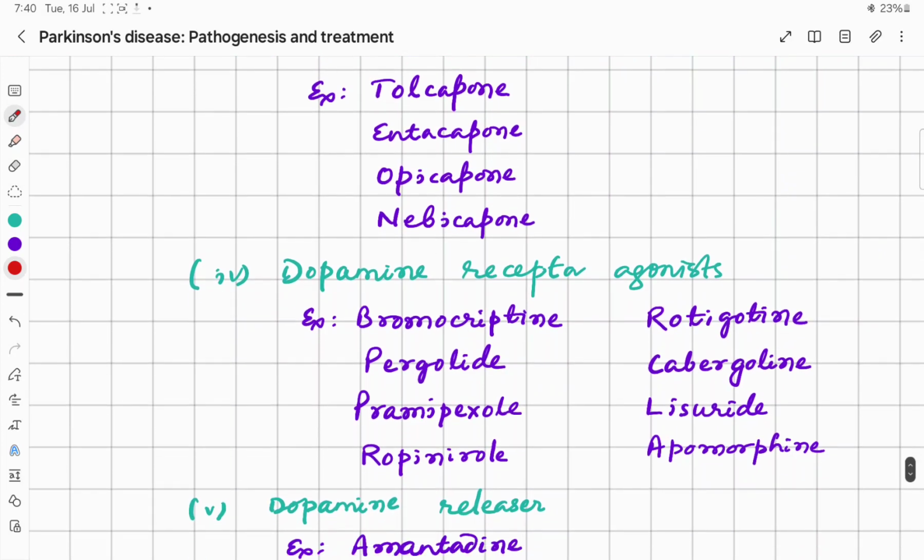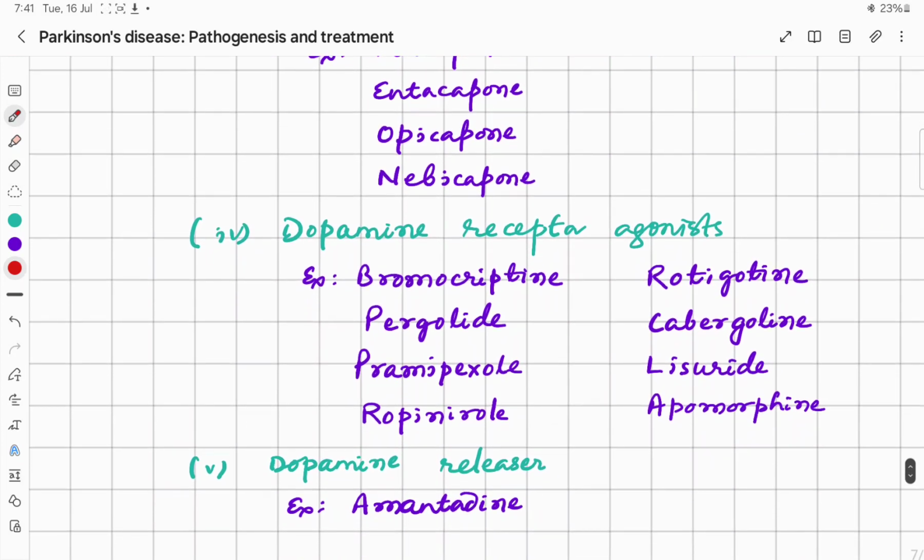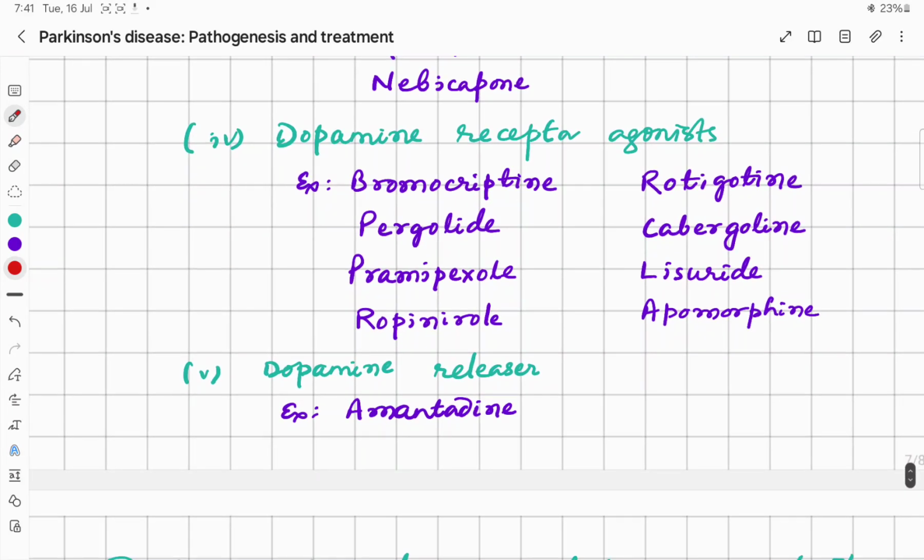Then dopamine acts on the dopamine receptor. So dopamine receptor agonists like bromocriptine, pergolide, pramipexole, ropinirole, rotigotine, cabergoline, lisuride, apomorphine, all these we can use. Also, we can use dopamine releasers, which will increase the release of dopamine from the presynaptic neurons, and we can use the drug amantadine, which acts as a dopamine releaser.